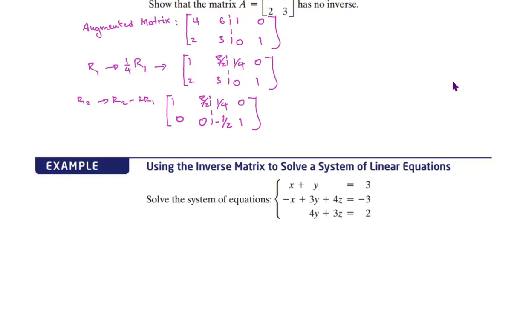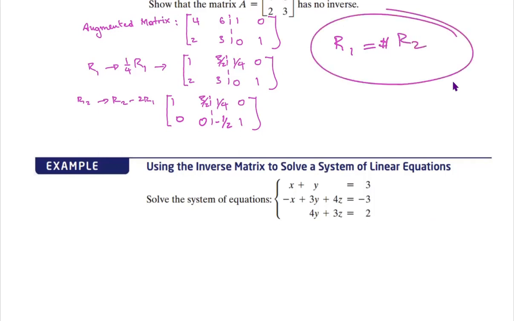So it's like row 1 is some number times row 2. Whenever you have that, there will be no inverse for this matrix. And you get that whenever you have zeros for all of them when you're trying to get a 1 to 0 and it gives you the entire row 0.